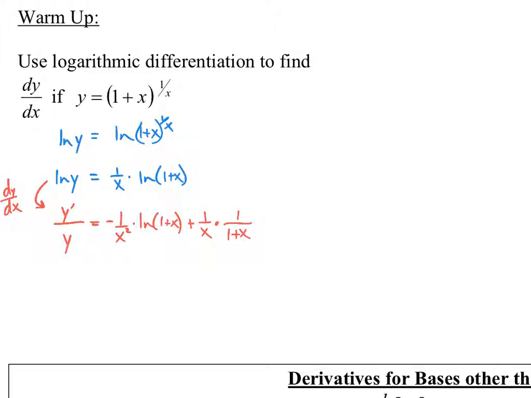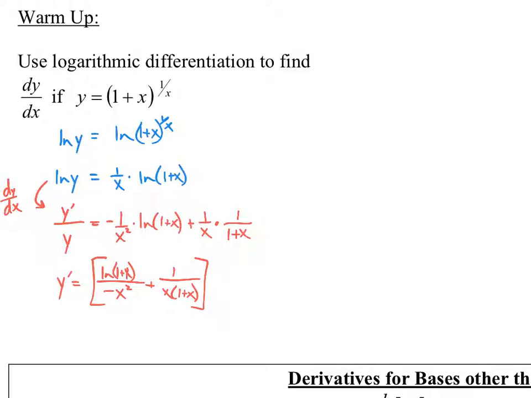And not a ton we can simplify at this moment, but we do need to finish solving for y prime. So we need to multiply both sides by y, and we get that y prime equals ln of 1 plus x, we'll put that over negative x squared, plus 1 over x times 1 plus x. And that whole thing will then be times the y.